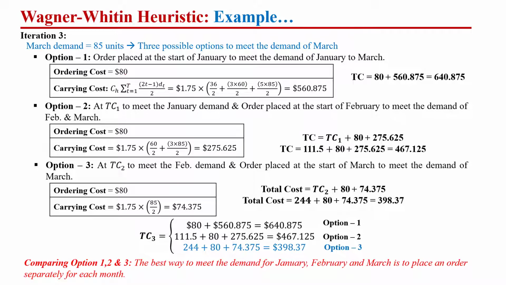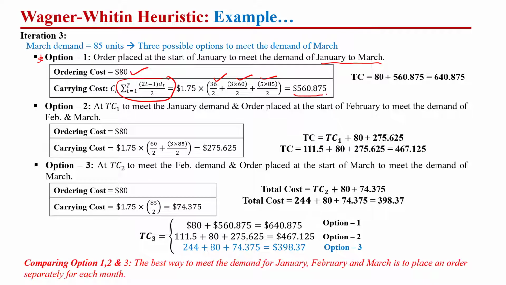So against the first option, which means January, if we are going to place the order in the month of January in order to meet the demand of January to March, that means we have a one-time order cost, and the carrying cost is going to be the average inventory in January, the average inventory in February and March. Okay, so that is going to be calculated using the same particular formula.